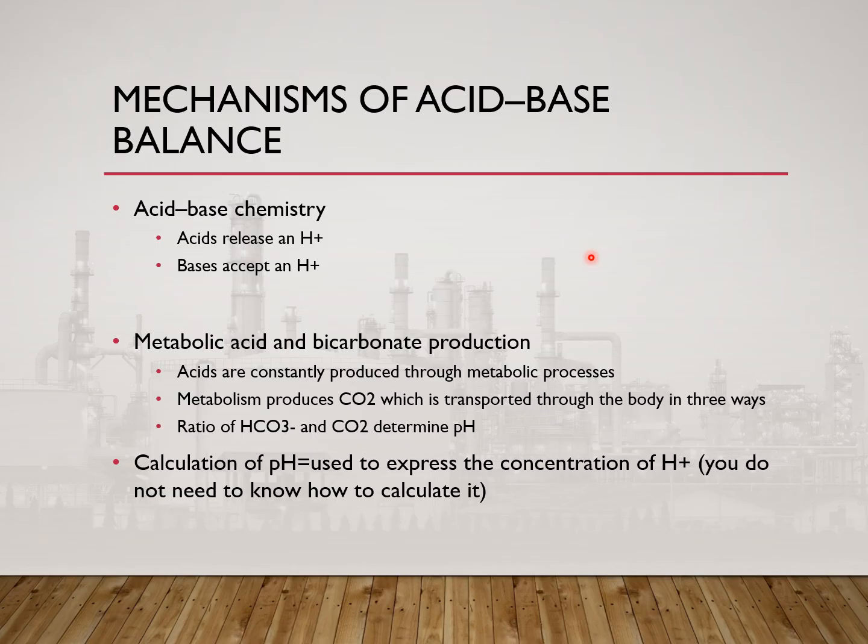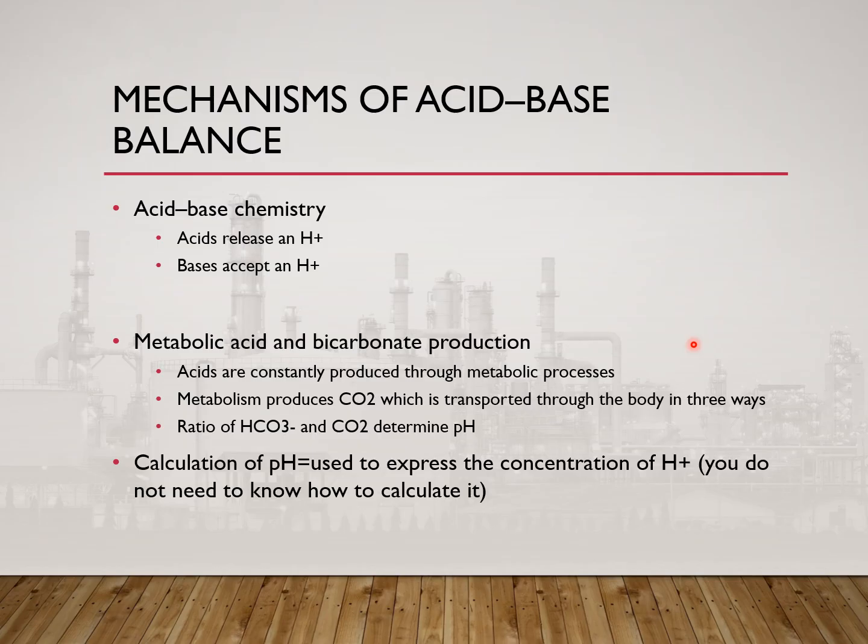Normal pH is 7.35 to 7.45, and the body does not tolerate well much shift outside of that, especially if those shifts are acute or happen really rapidly. pH is used to express the overall concentration of H+.